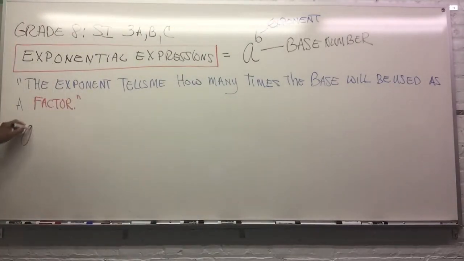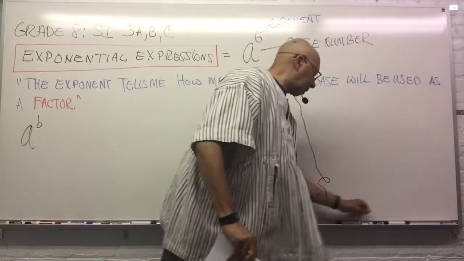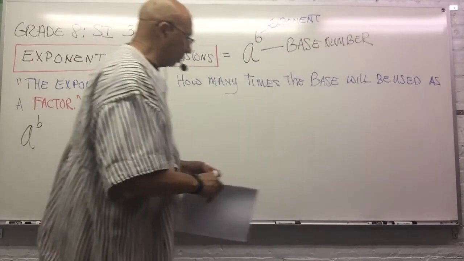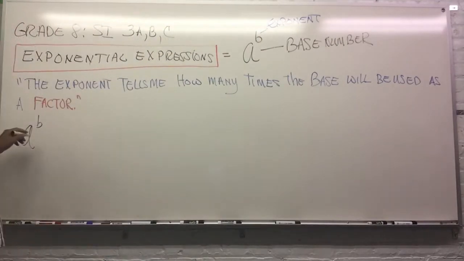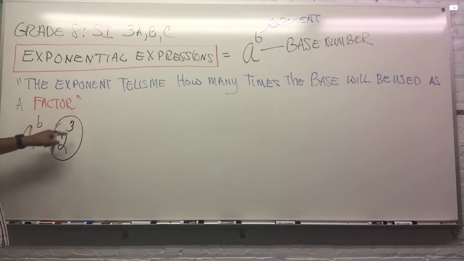Instead of A to the B, it will say 2 to the 3, 2 raised to the third power. So what does this mean? What does this say? This 3 tells me that the number 2 will be used as a factor 3 times.